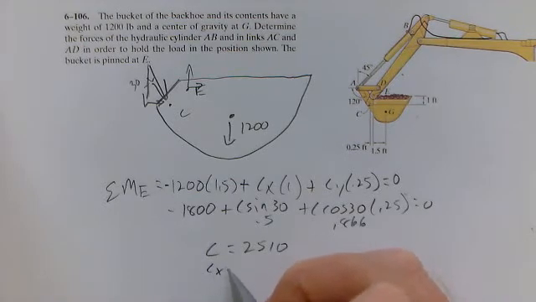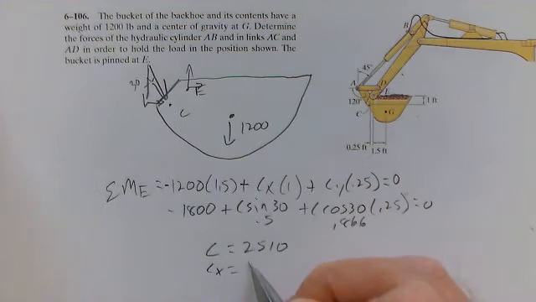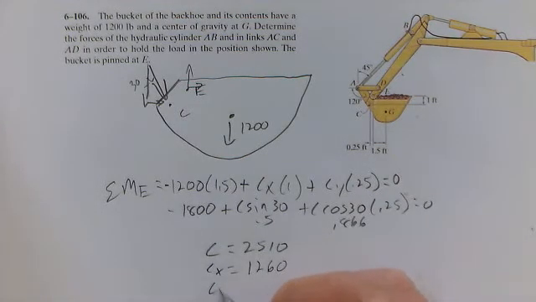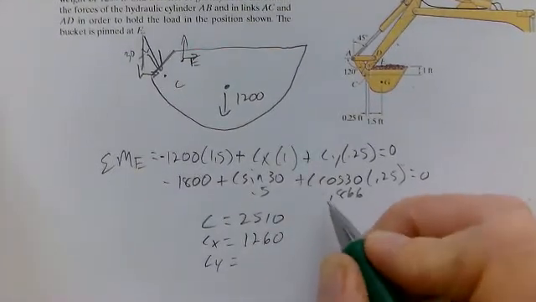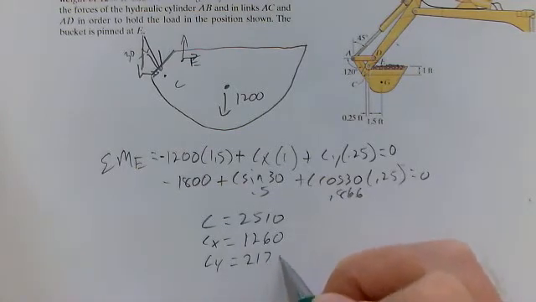CX then is 0.5 times C, so that's 1260 rounding. CY is 2510 times 0.866, which is 2170.